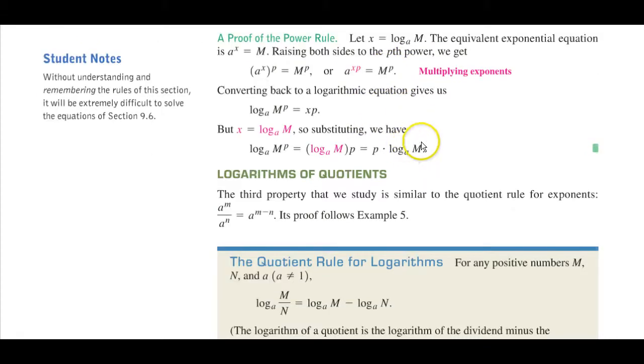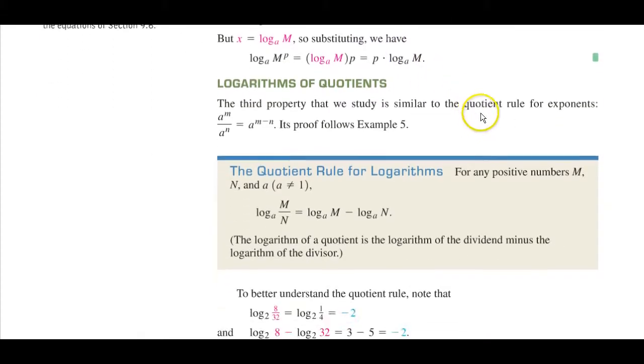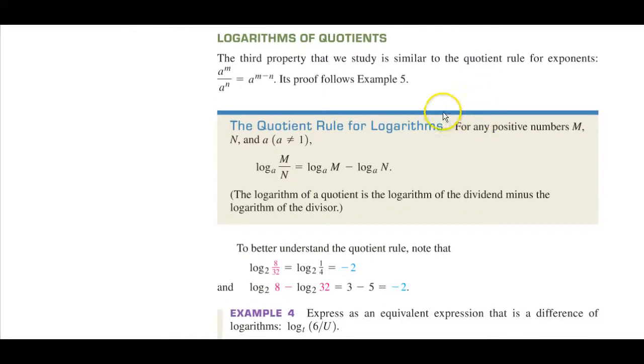Okay, so let's do logarithms of quotients now. Now, again, reviewing back to where we had this, if we had a to the m divided by a to the n, the way we did that, the bases had to be the same to do this, this exponent crosses the division bar and it changes its sign.